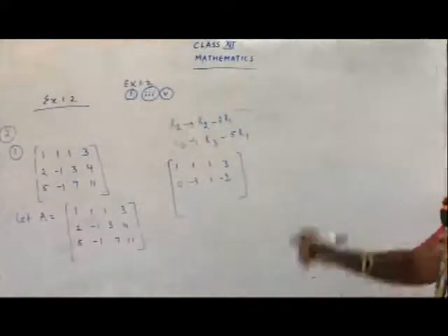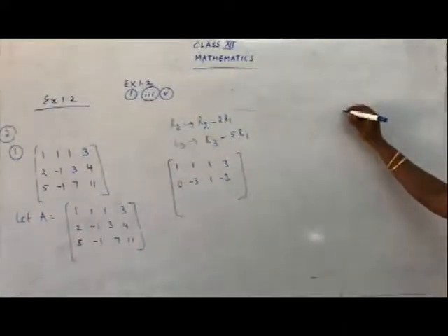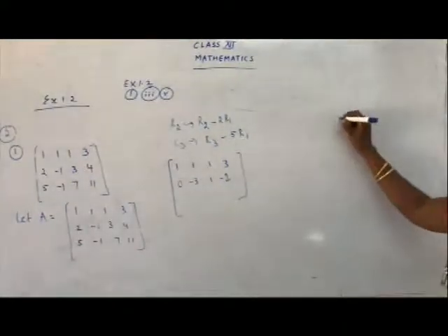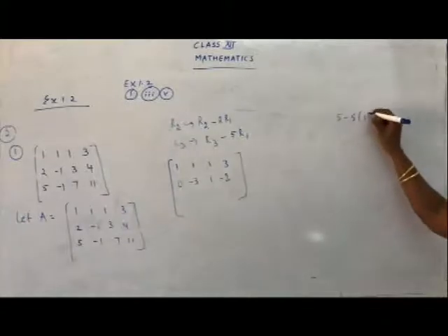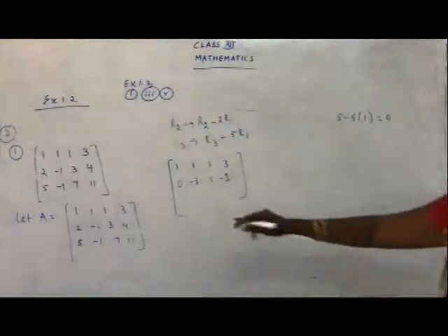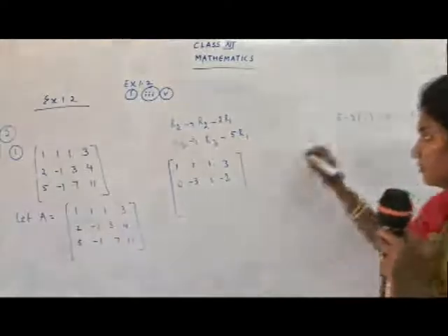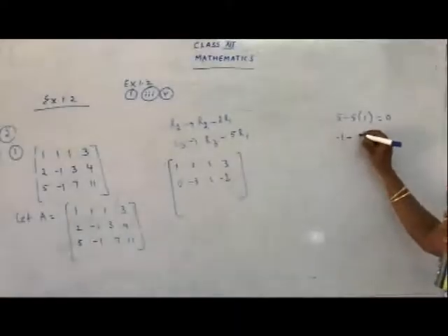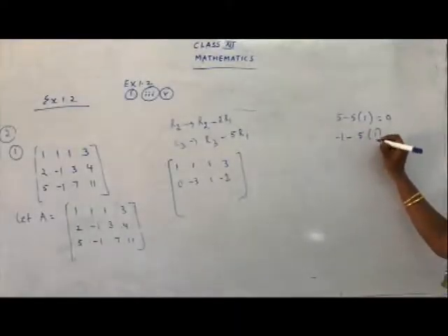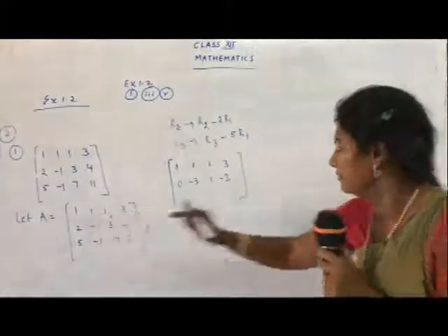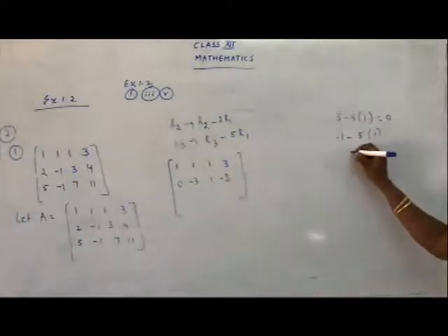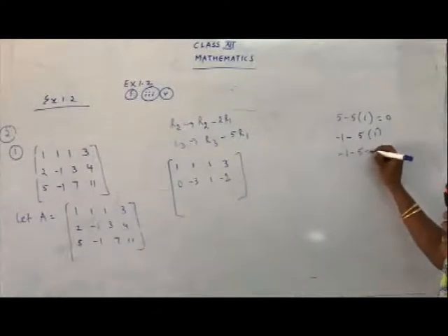So what do I get here? R3 minus 5 R1. Yes, children. 5 minus 5 times 1 is 0. Good. Minus 1 minus 5 times 1: minus 1 minus 5 is minus 6.